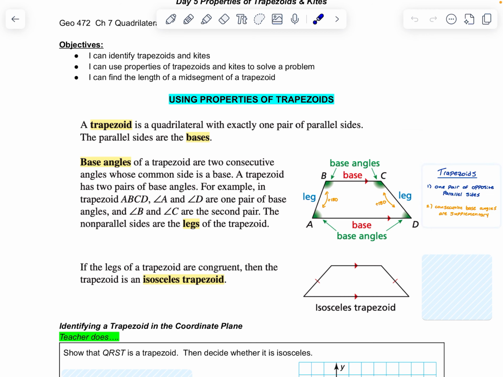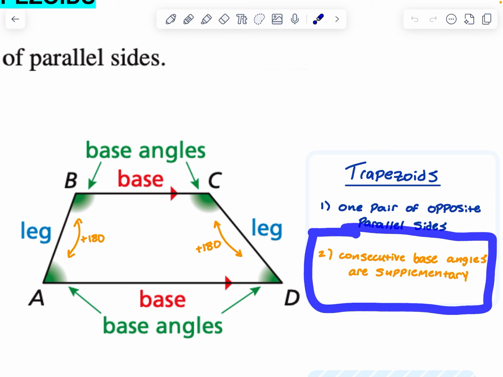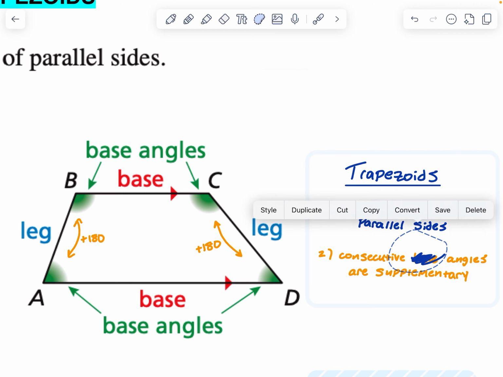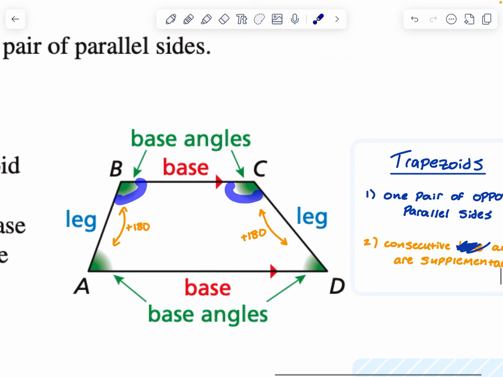The first property that we have, well, 1, the definition, 1 pair of opposite parallel sides. The next property is that the consecutive non-base angles are supplementary. So our base angles are not supplementary.